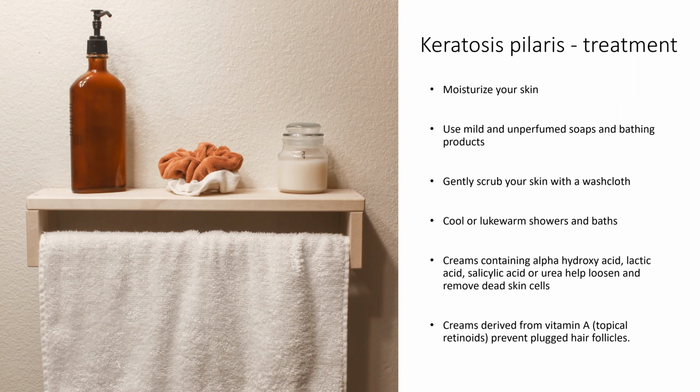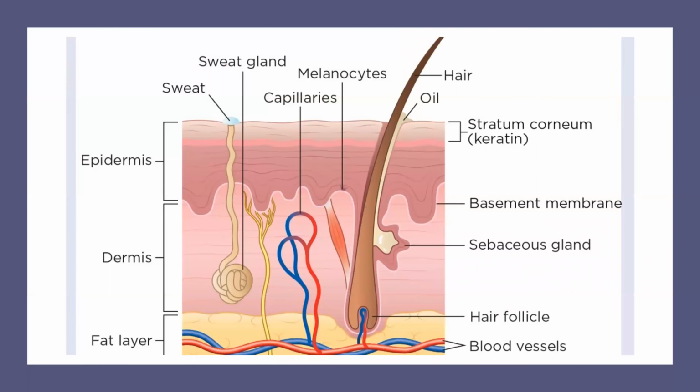And then when you wash your skin, what you actually need to do is just gently scrub it with a washcloth of some sort. And don't take very hot baths. First of all, a hot bath is very likely to trigger you because it will make the bumps more visible. Remember, when you find yourself in hot environments, those blood vessels that you have in your skin, actually we can show them here.